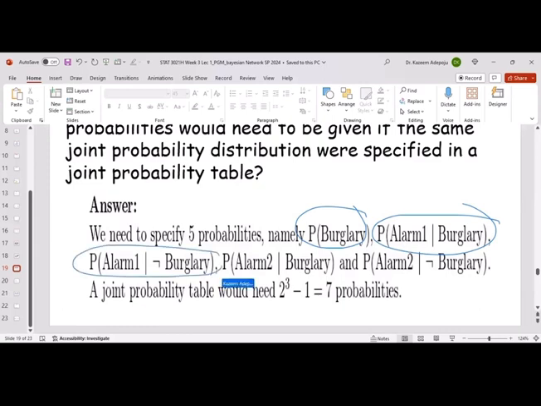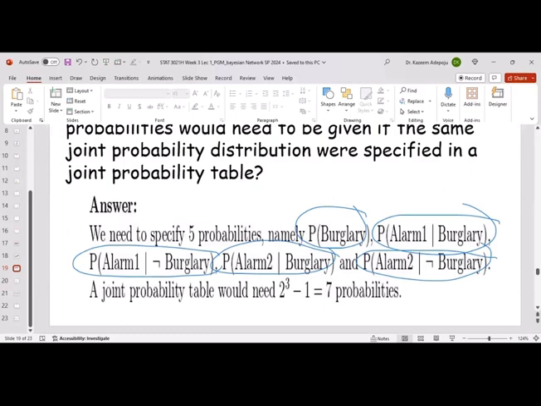Alarm 1 can ring even without burglary, because it could be something else. That is why you have burglary or not. Alarm 2 can ring due to burglary, and may ring even if there is no burglary. When you take a look at that sign, it's the same thing as the complement.